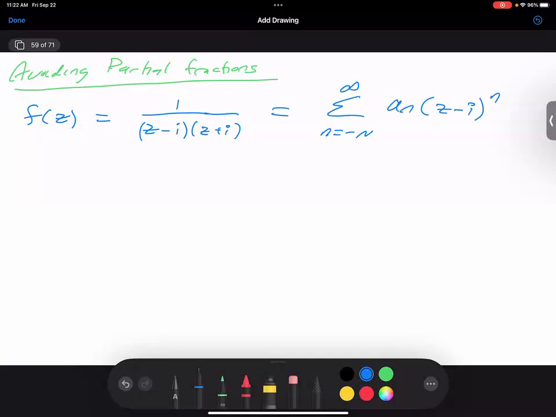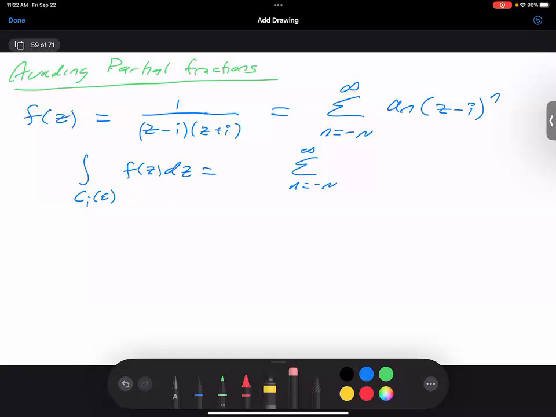And then the reason is, the integral over this semicircle centered at i of radius epsilon of f of z dz would be 2 pi i times the sum, n goes from minus n to infinity, well, I'll avoid the 2 pi i for now.